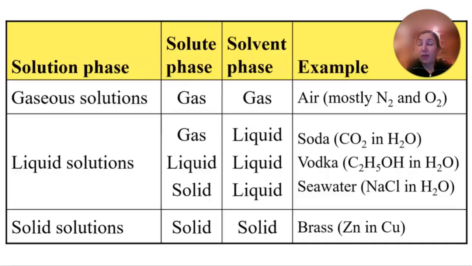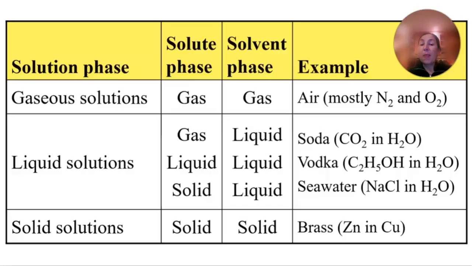You could have a solid dissolved in a liquid. So in seawater, for example, we know we have sodium chloride dissolved in water. In our example, it looked like we had a green solid dissolved in water. You can even have solid-solid solutions. Classic examples of solid-solid solutions are all of our metal alloys. Metals being alloyed to be stronger and have better properties were really important historically.